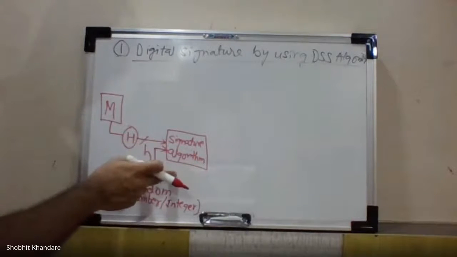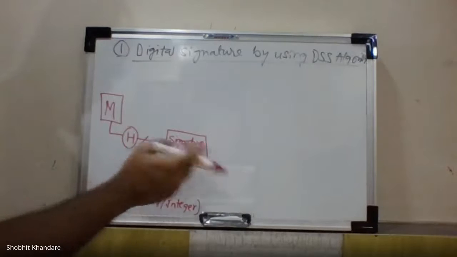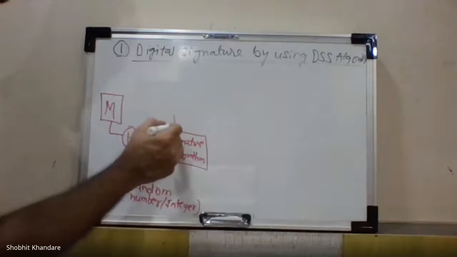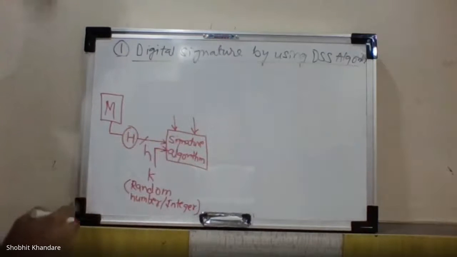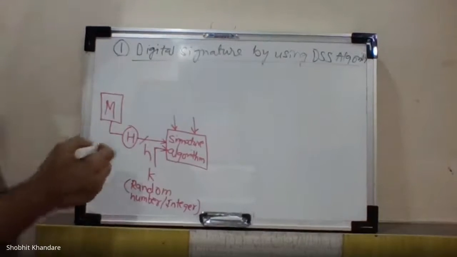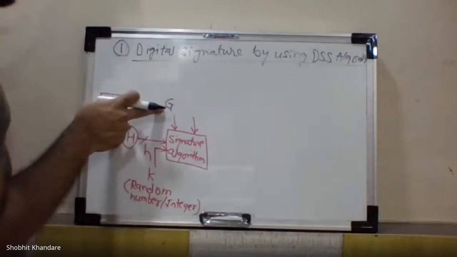Now what is the signature algorithm? We will see afterwards. In the signature algorithm, we also want two inputs. The one input is called the global public key elements, given by capital G. This is the global elements.